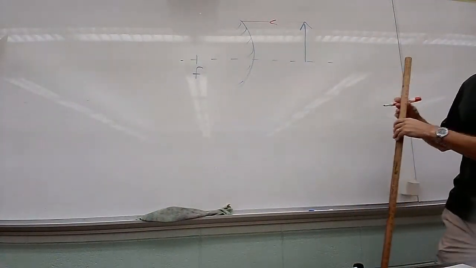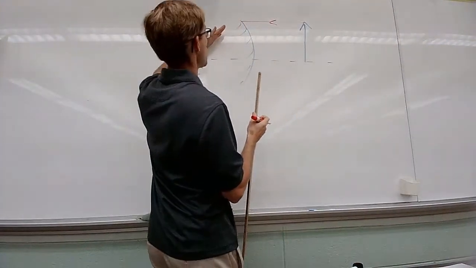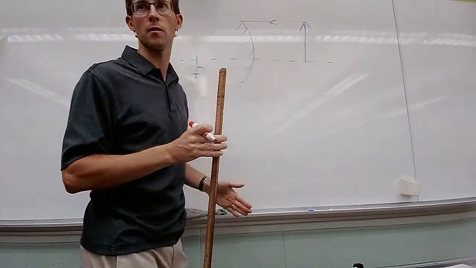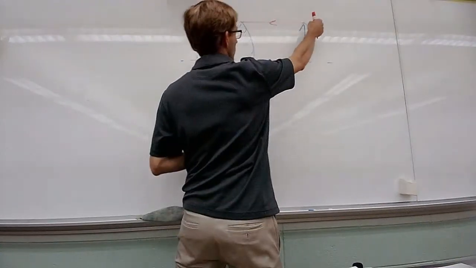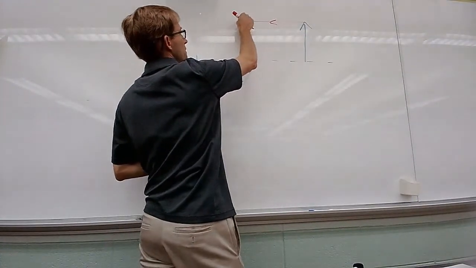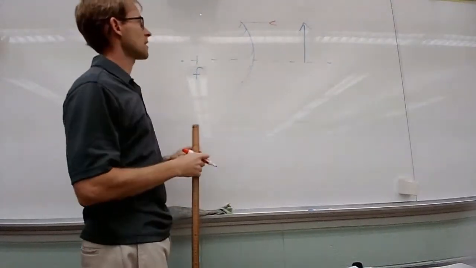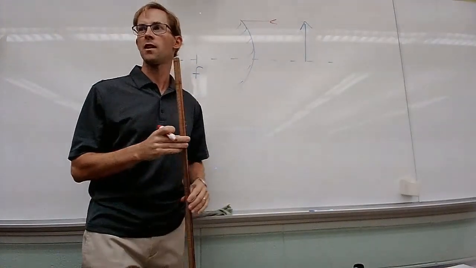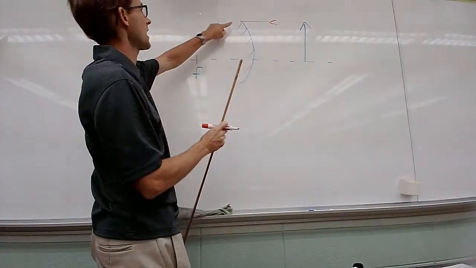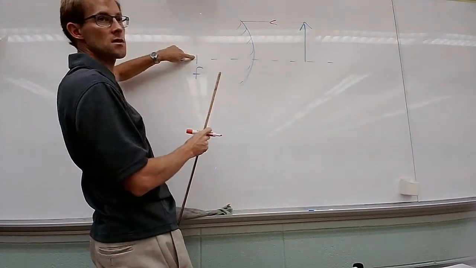But it's not. This light ray is going to bounce and go up, because this is a diverging mirror. You can think of it like a ping pong ball coming in. It's going to hit this surface and bounce that way. And the angle at which it bounces that way can be found by just lining up this location with the focal point.